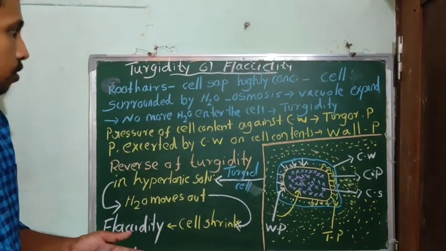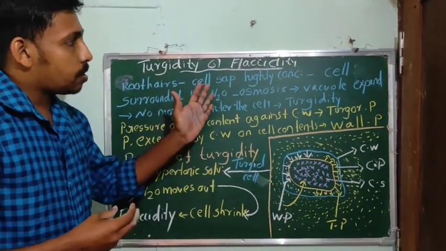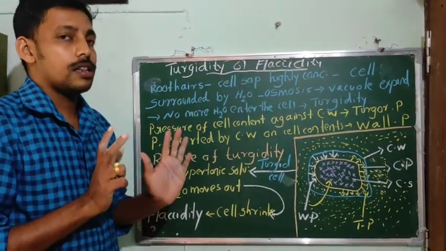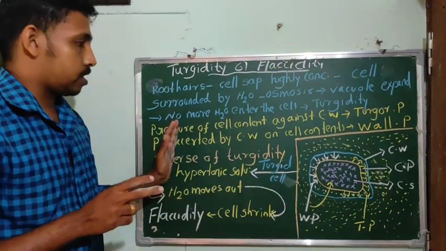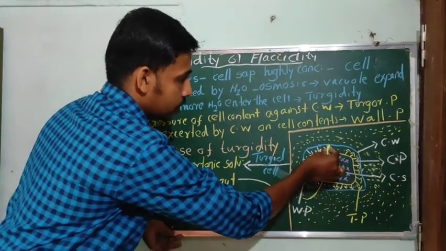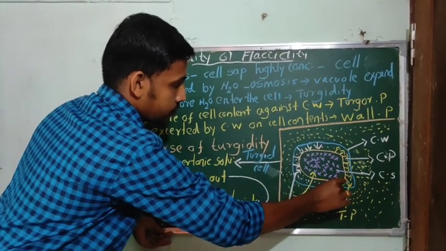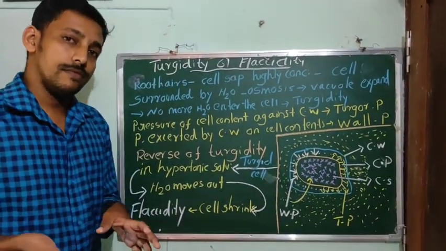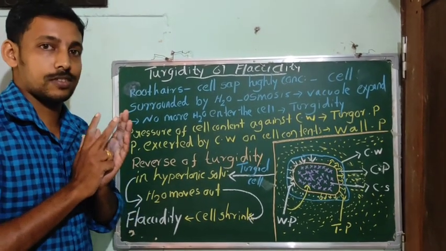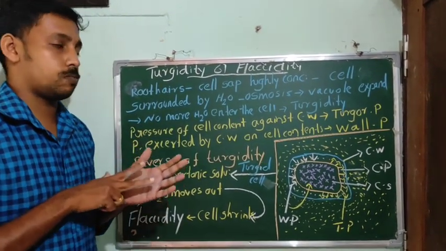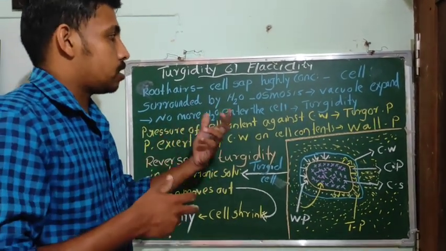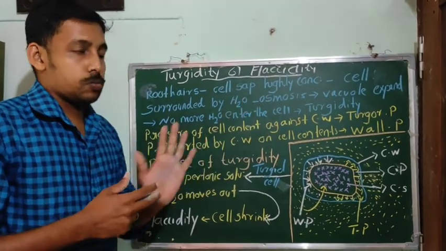The cell sap is highly concentrated, and if this cell is surrounded by water, what will happen? There will be endosmosis. So what will happen if there is endosmosis?